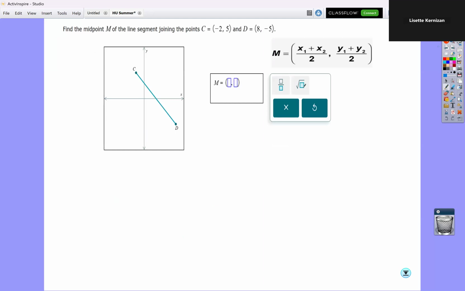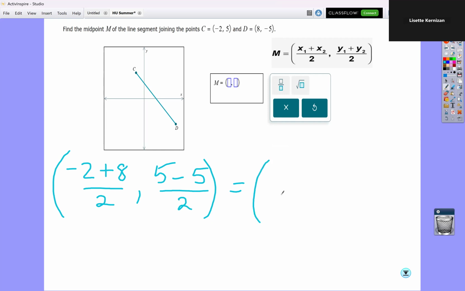Next one, it says find the midpoint of the line segment where C is -2, 5 and D is 8, -5. To simplify this, remember the midpoint is just the average of the x's and y's. So for my points, I have -2 plus 8 divided by 2, and then 5 plus -5 divided by 2.